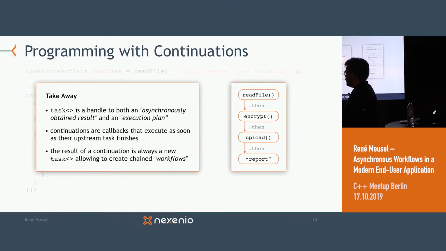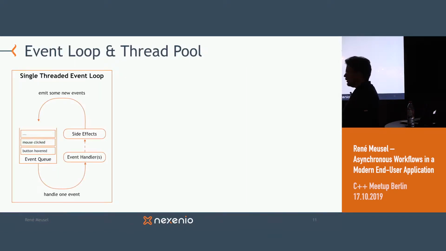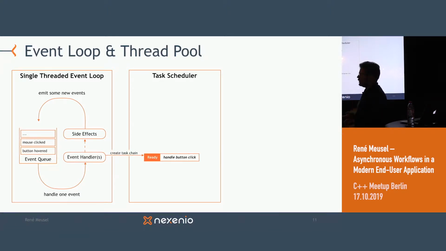So let's have a look at how our application uses this. First, we have the event loop of Qt that we don't want to block. And instead of doing something long running in the event handler, we now just schedule one of those tasks. And this task actually entails more than just a handle, but also the whole execution plan that is supposed to be asynchronously executed.